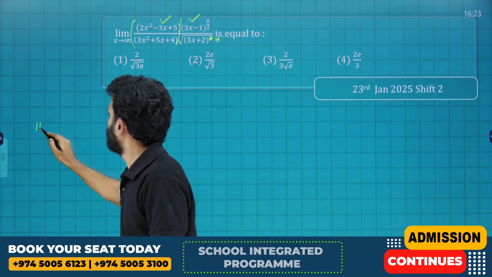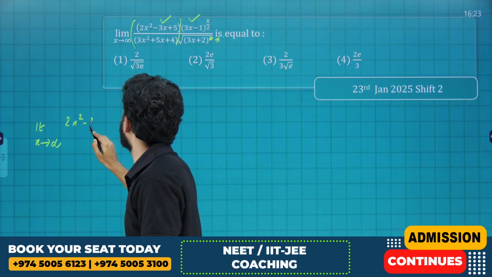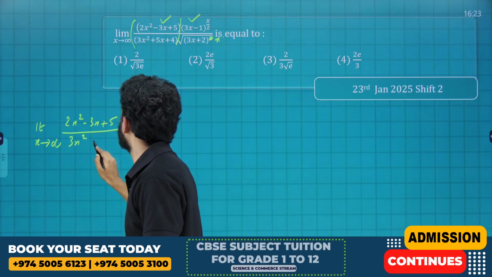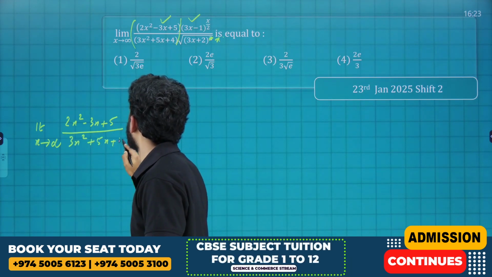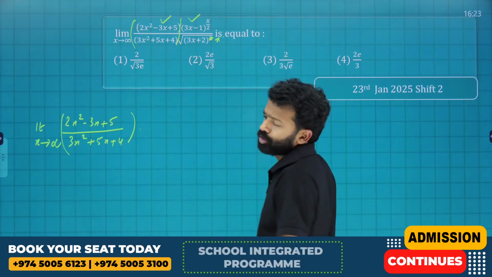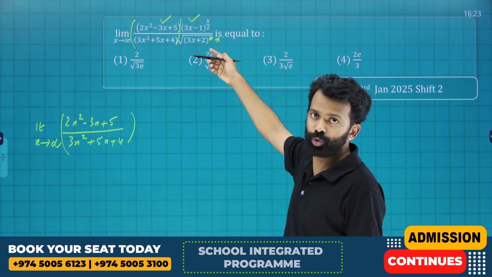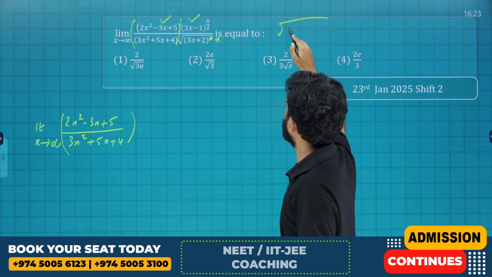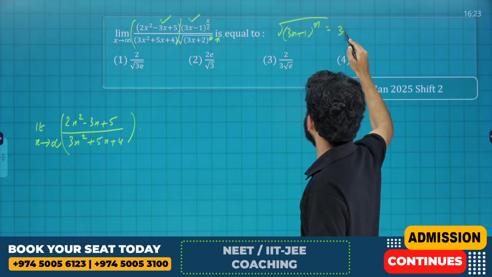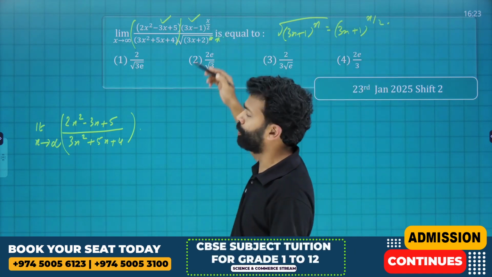Therefore it will be limit x tends to infinity of 2x square minus 3x plus 5 divided by 3x square plus 5x plus 4, into, see here what happens to the denominator? Root of 3x plus 1 the whole raised to x can be written as 3x plus 1 the whole raised to x by 2.